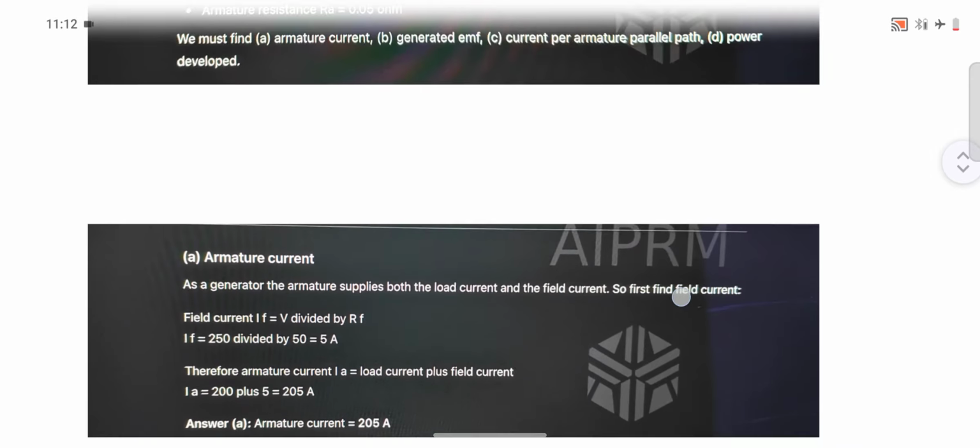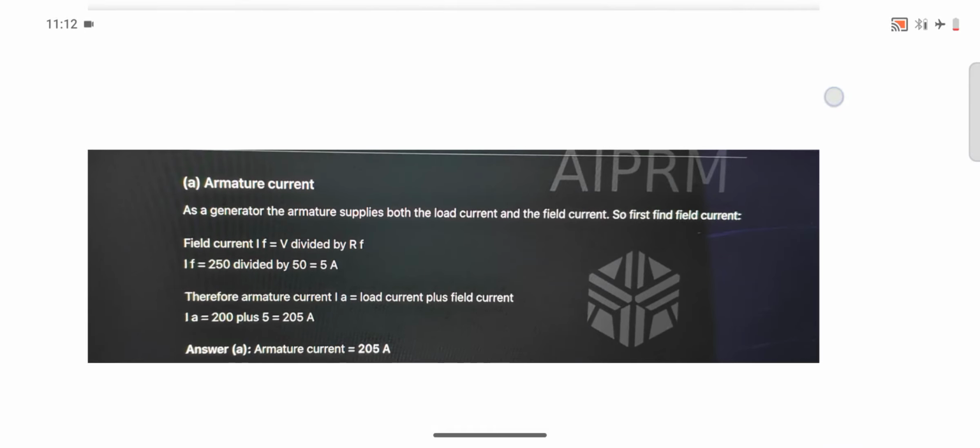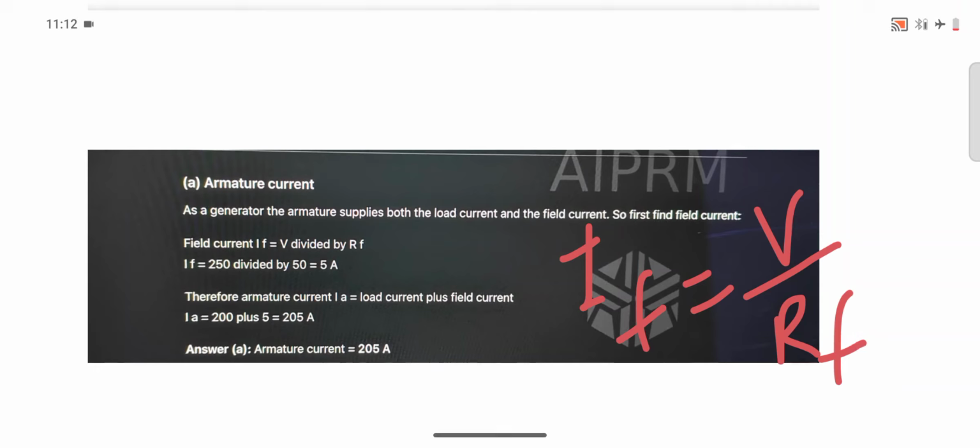So what is the armature current? As a generator, the armature supplies both the load current and the field current. So first, field current IF is equal to supply voltage divided by field resistance.